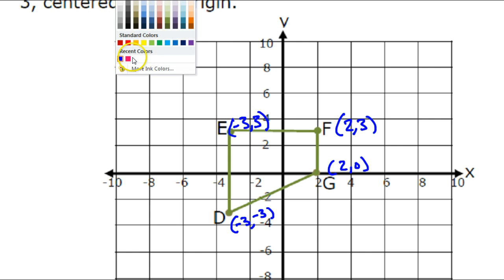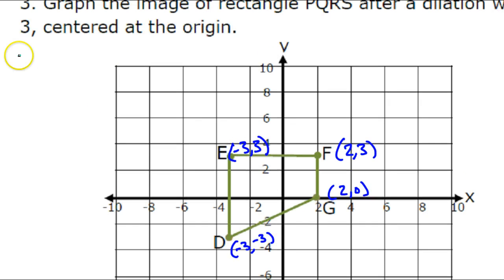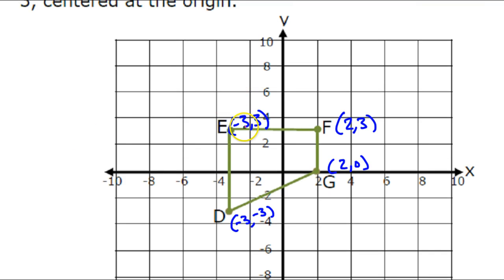Scale factor of 3, that means we're going to multiply each of these by 3. So for example, this will become 6, 9. So 6, 9 would be right here. So this will be my F prime, 6, 9.